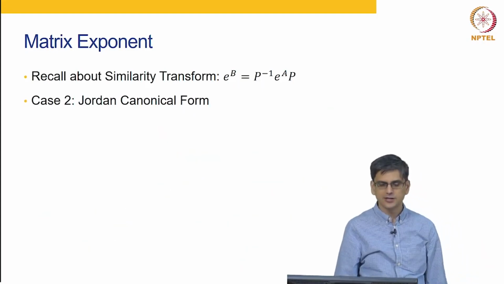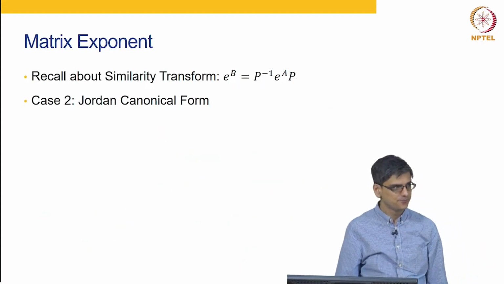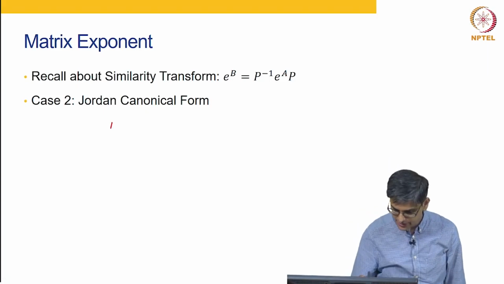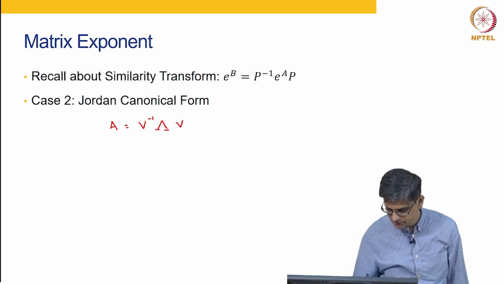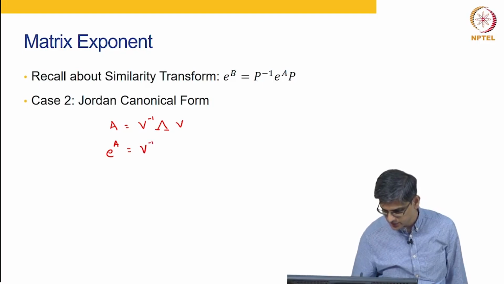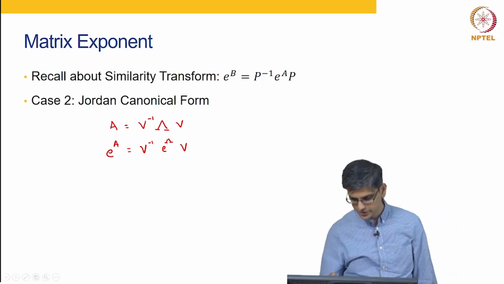What about the Jordan canonical form? Again, A is V inverse lambda V. So e to the power A is V inverse e to the power lambda V.